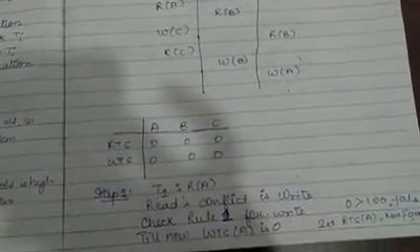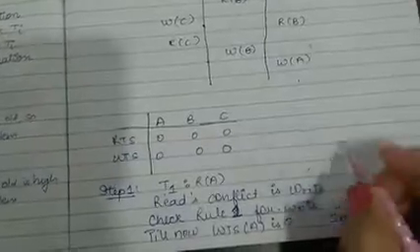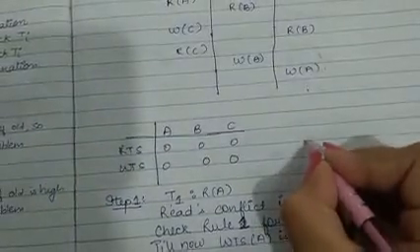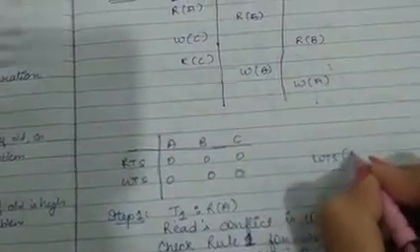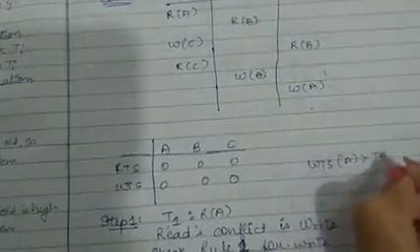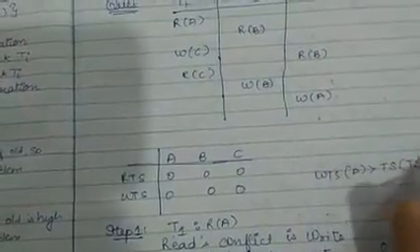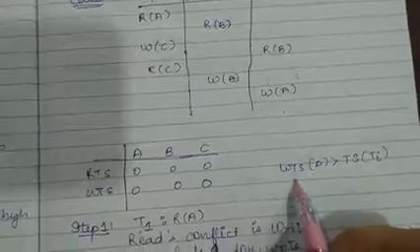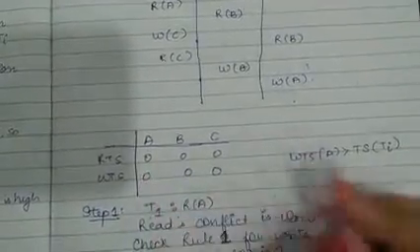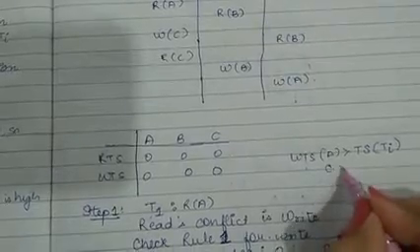Now what was my rule? WTS(A) is greater than TS(T1). So what is my WTS now? It is 0. Is 0 greater than TS of T1?